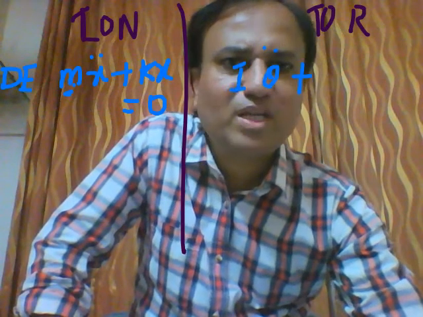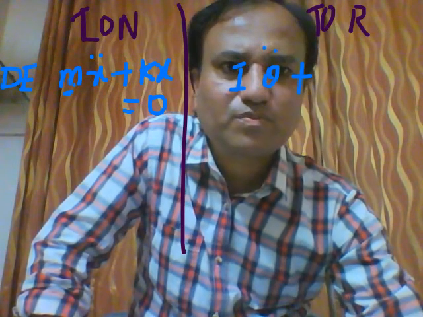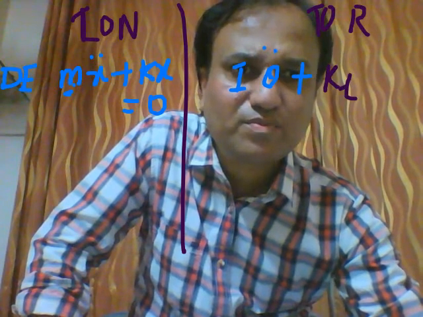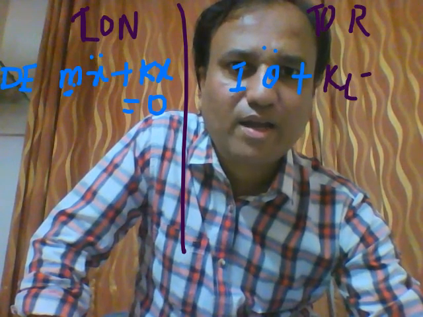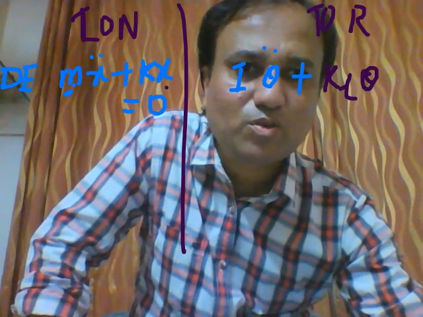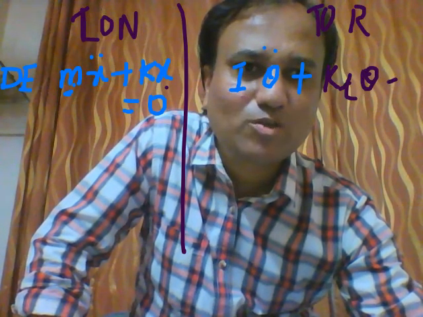So K will be replaced by KT, student. KT is the torsional stiffness and x will be replaced by theta, student. So I theta double dot plus KT theta is equal to 0.